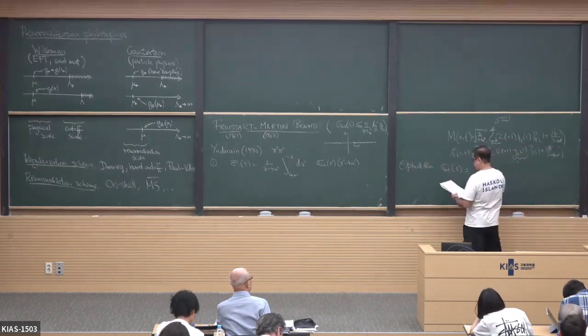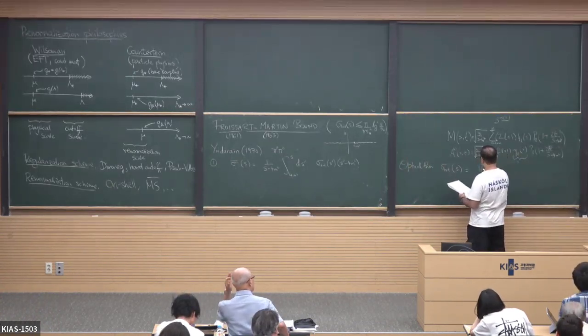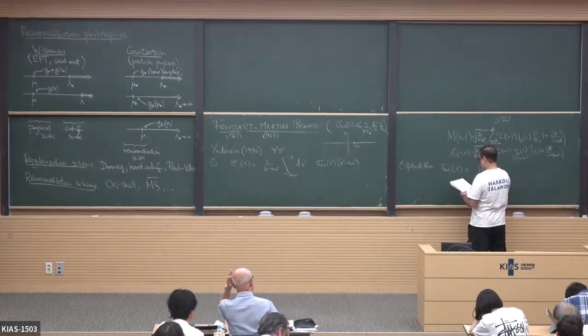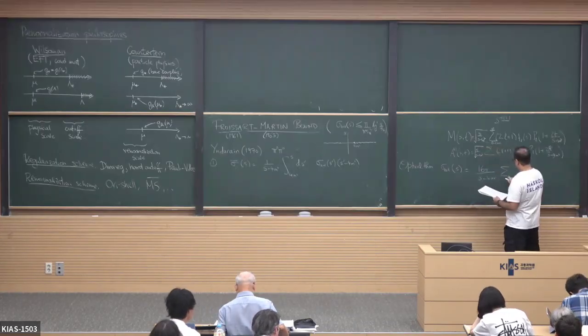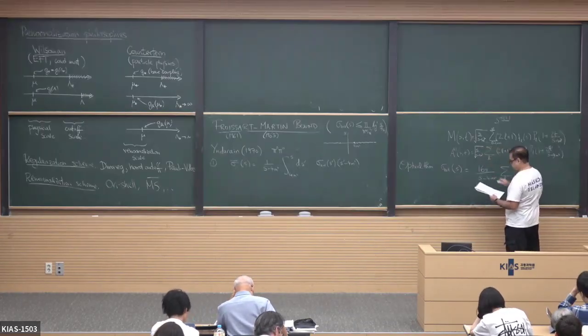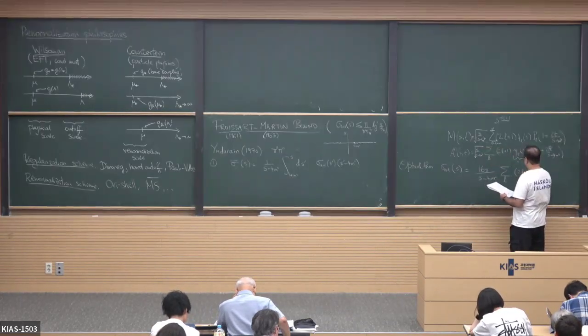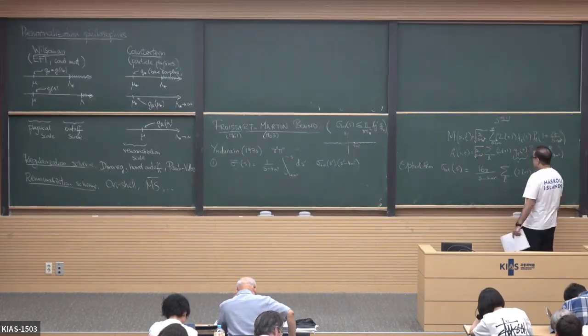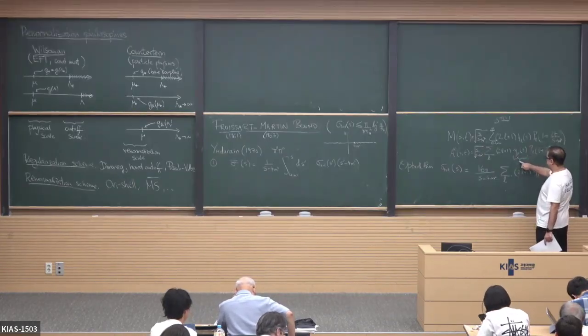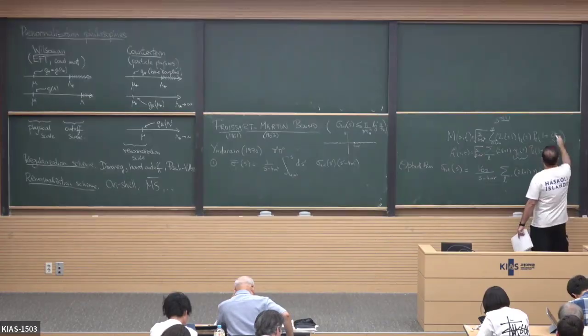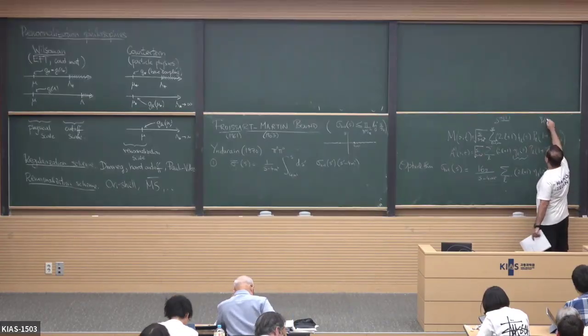So the total scattering cross section works out to be 16 pi over, so these are some normalization, s minus 4m square, summation over l. So here also there is a summation over l, 2l plus 1 eta l. So in these normalizations, not only is eta l bigger than 0, but it is also less than 1. So eta l's lie between 0 and 1.